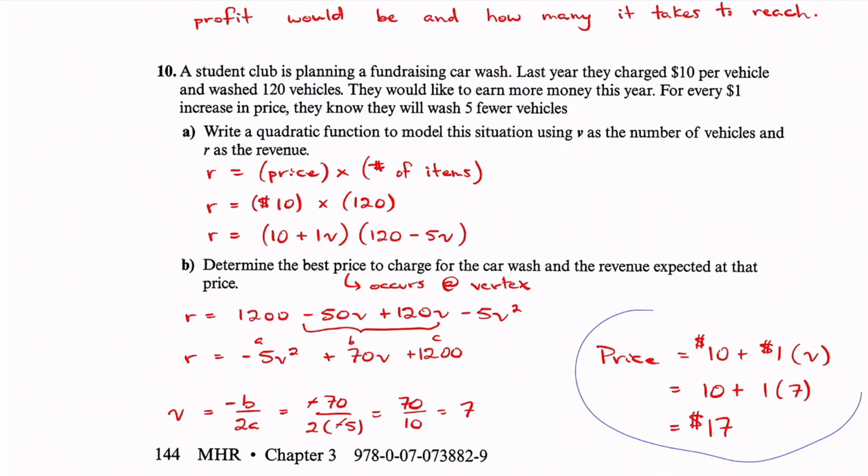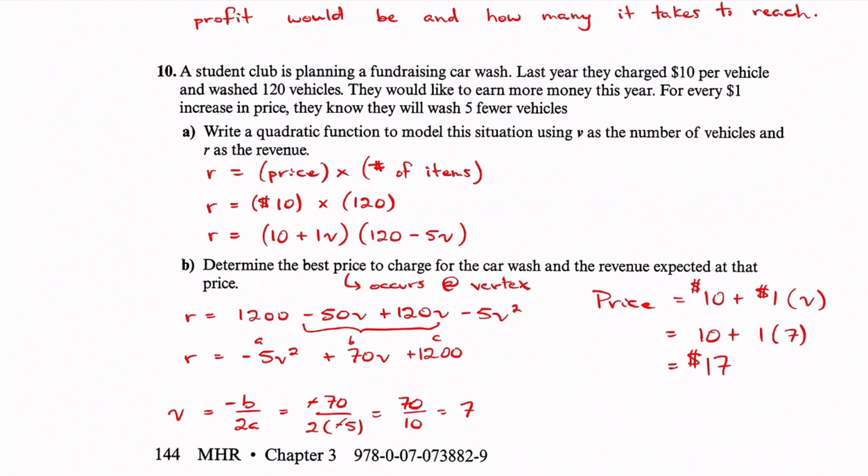Okay, so I got the price, I'm just going to move that up. The number of cars that we were going to wash would be this right here. It was 120 minus 5v, so that's 120 minus 5 times v, and v was just 7. 7 times 5 is 35, so it's just going to be 120 minus 35, which is going to equal 85 cars.